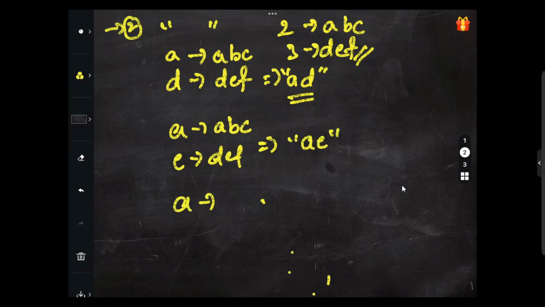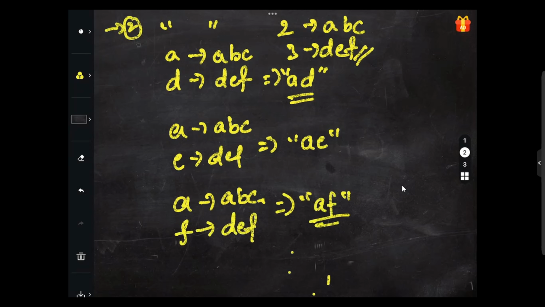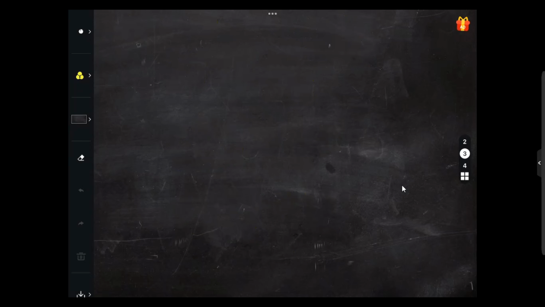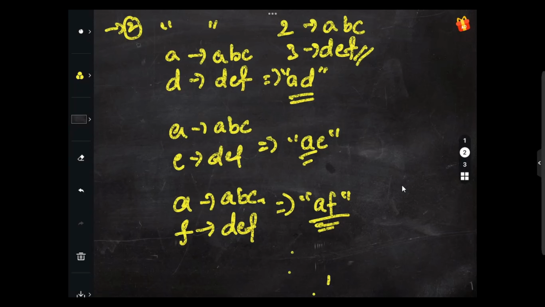So next what we'll do? A remains constant, A from ABC, F from DEF. This one will be AF. So now we got AD, AE and AF, right? Next let's move on with the second letter in ABC.